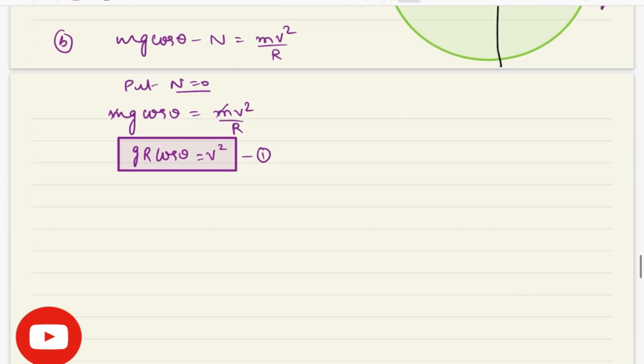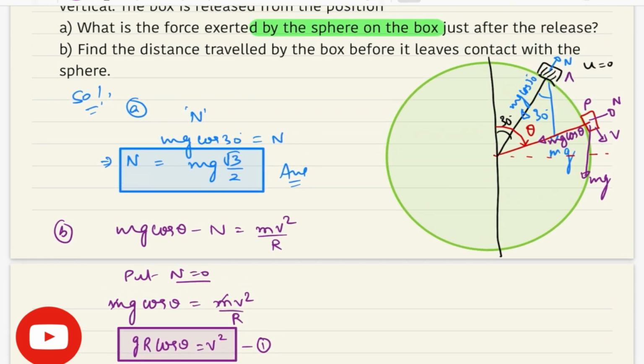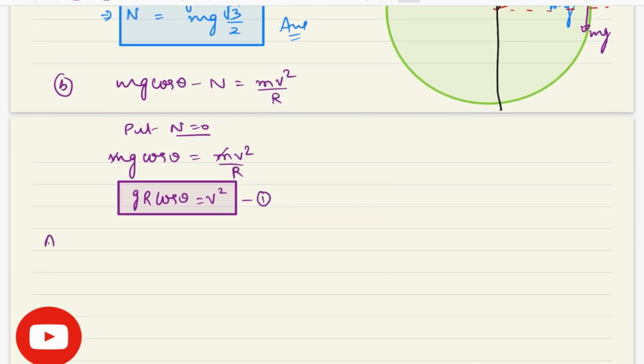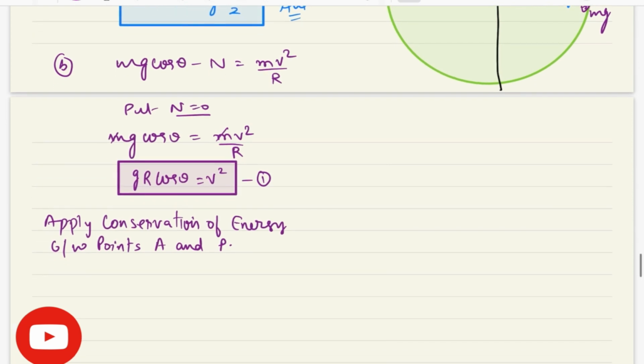Now we will apply the equation for conservation of energy between the points A and P. Let's say this is point A and P. So apply conservation of energy between points A and P. The kinetic energy at A, as the block is released from rest, is 0.